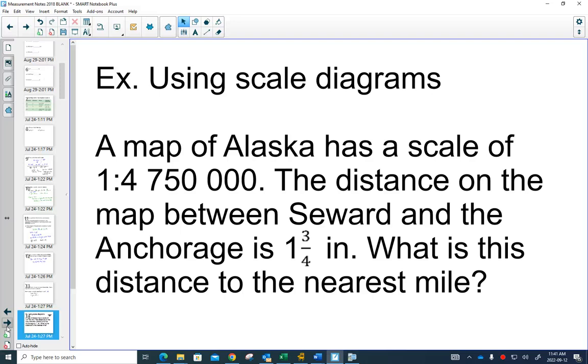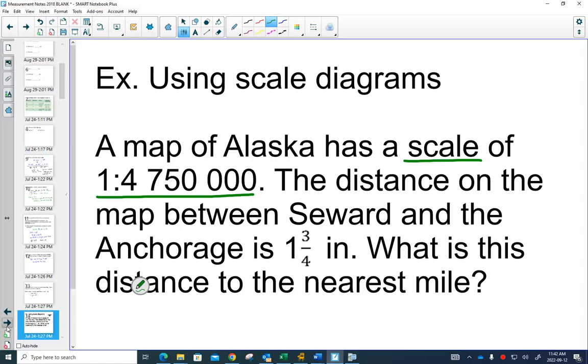It would also not be a very good idea to make your map bigger than what it actually is. Okay? So they give you a scale. And the scale on this map is 1 to 4.75 million. What does that mean?